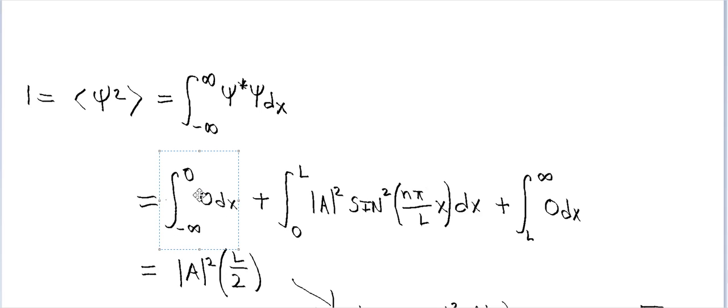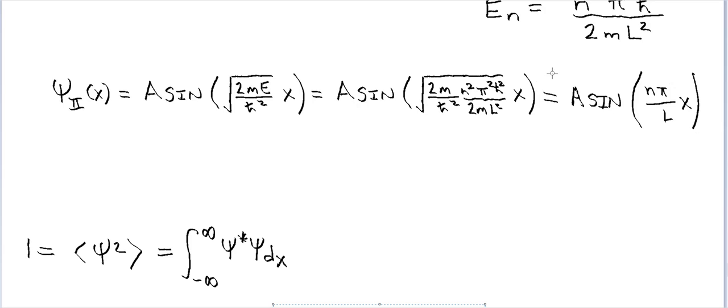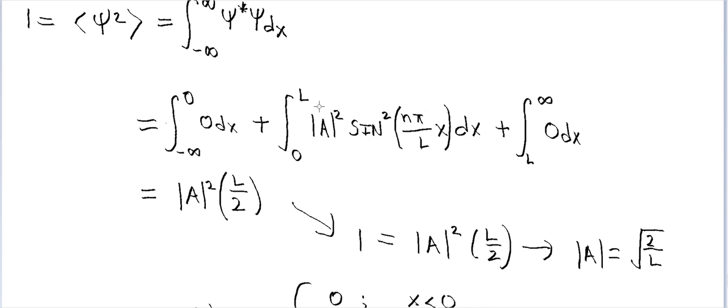So this first piece is just looking at the region of space, region 1, where psi is 0. This is looking at region 2, and we just said that psi in region 2 is a sine of n pi x over L. So a squared sine squared n pi x over L dx, from 0 to L are my limits, right?